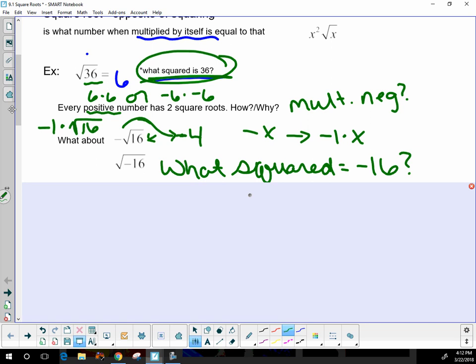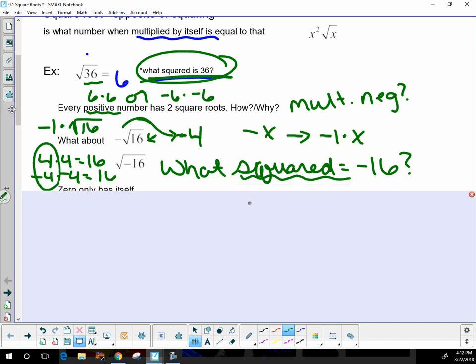It's not 4. Because 4 times 4 equals positive 16. Negative 4 times negative 4 equals positive 16. And it's a number squared. I cannot take 4 times negative 4. That's not squaring. 4 and negative 4 are different numbers.